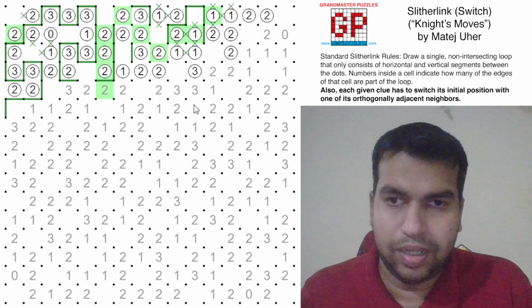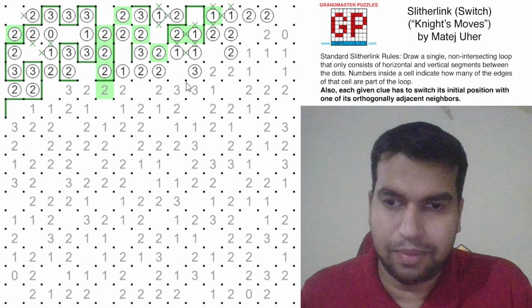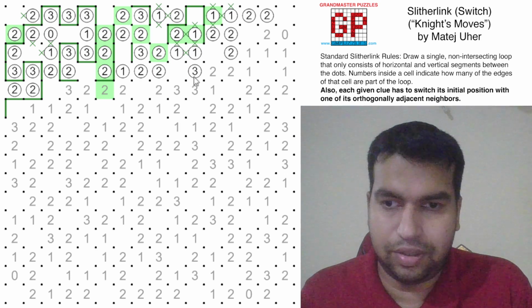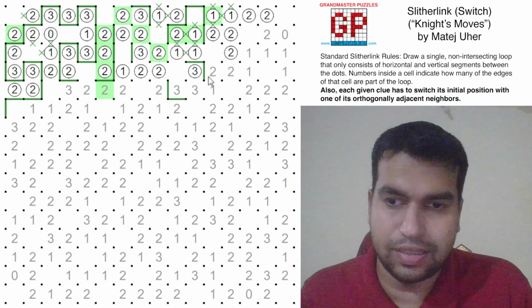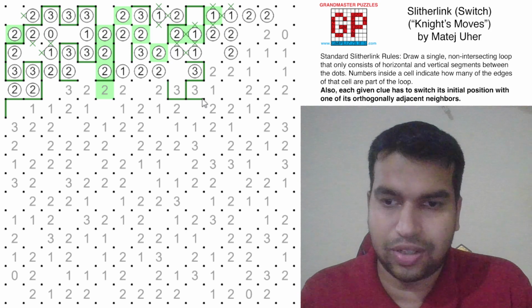Now, another common pattern in Slitherlink, which is actually impossible, is an L triomino of threes, because we know that this happens for diagonal threes, for instance, but this adjacent three would actually force this for the top three and this for the left three.